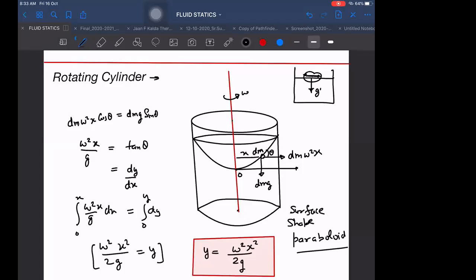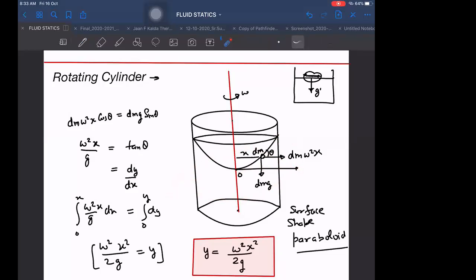Such an example we can see in our daily life. You can form the paraboloid by stirring water and then leaving it for some time. Then it will form that paraboloid on its own, but that paraboloid surface will not be of constant height. It will keep on changing because of the drag force from friction.